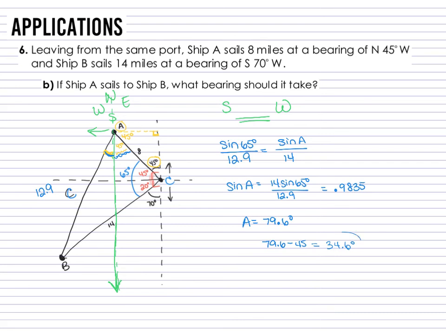And so we're going to fill this number in to our bearing. So our final answer is that the bearing should be in the southern direction, 34.6 degrees to the west. And that is your final answer.